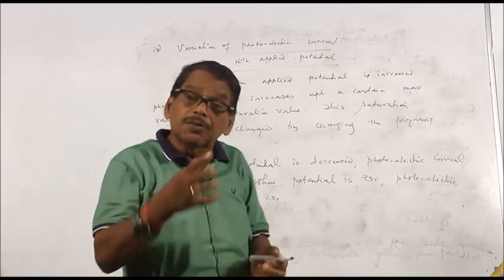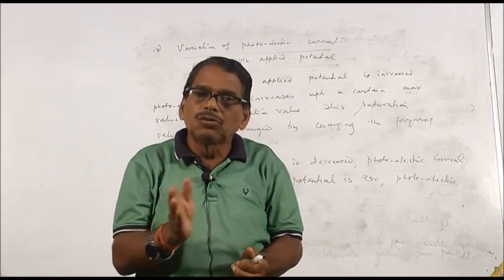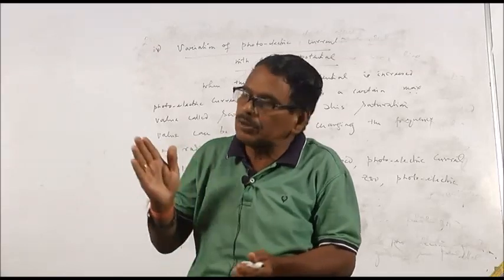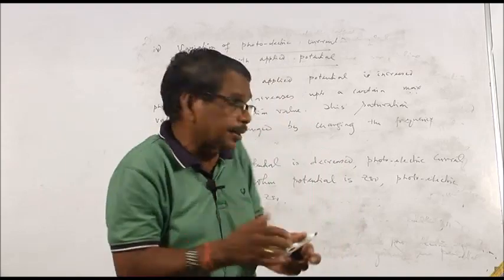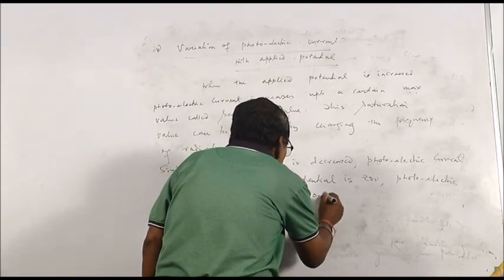So, how to make the photoelectric current 0? In order to make photoelectric current 0, you have to stop the electrons. So, potential must be applied in the opposite direction, that means a negative potential must be applied.